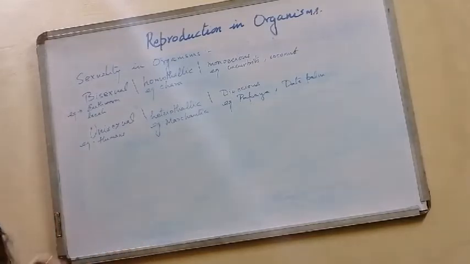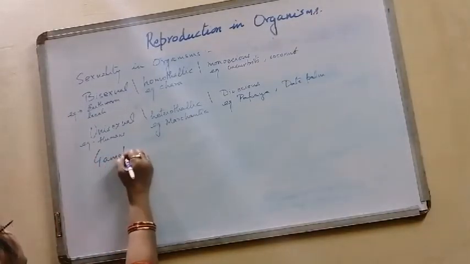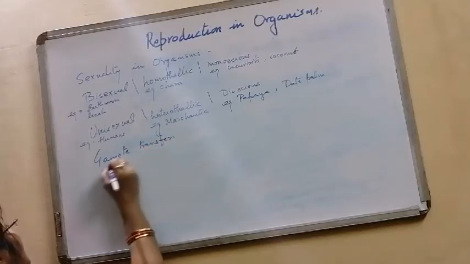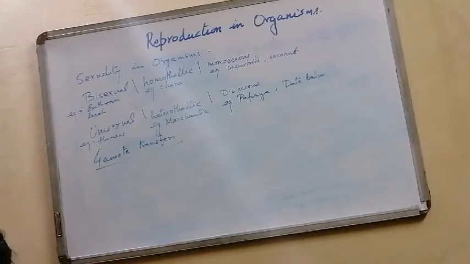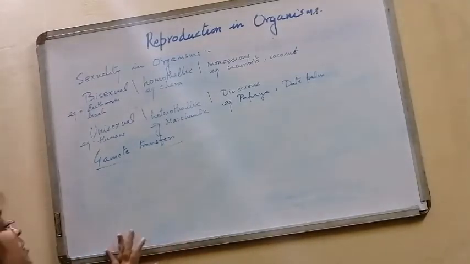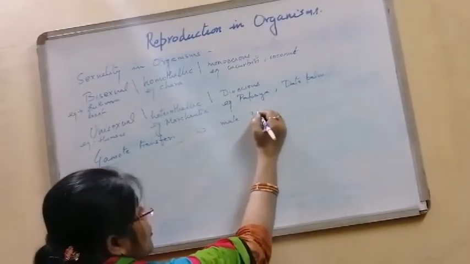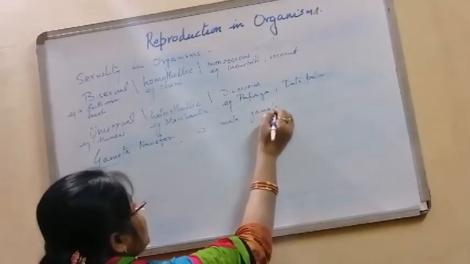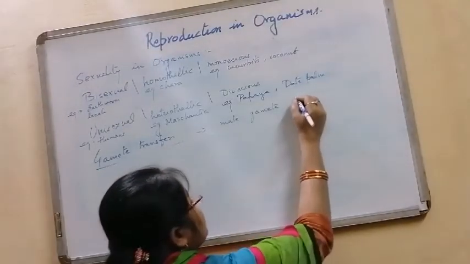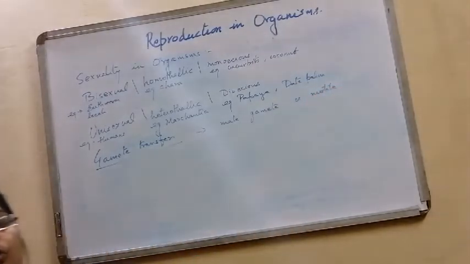Now we are moving towards gamete transfer. In the case of gamete transfer, in the majority of cases, what do you see? It's the male gamete which is motile, and it moves from one place to another.